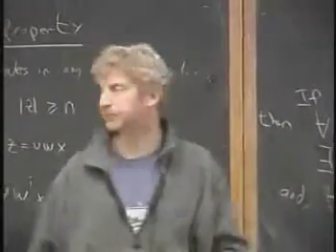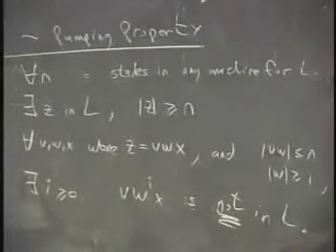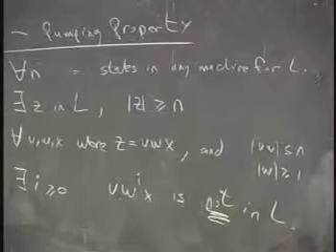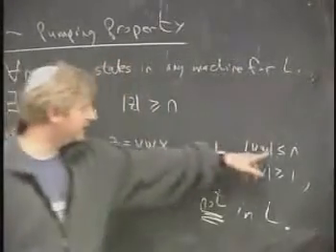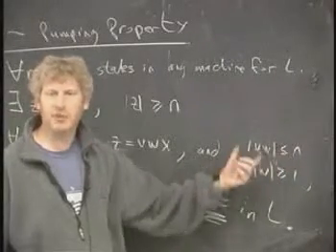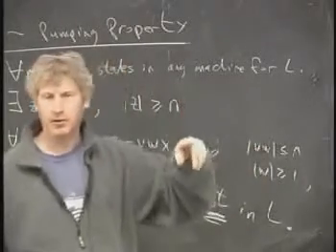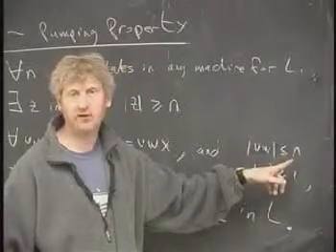Yeah. What part of this indicates that W is the first loop? I mean, in the writing of it. I think that's what Todd was kind of getting at. The part that really indicates that is it's less than or equal to n. I'm guaranteeing that W is a loop, and I'm forcing my opponent to find that loop in the first n symbols. It doesn't have to be the first one.